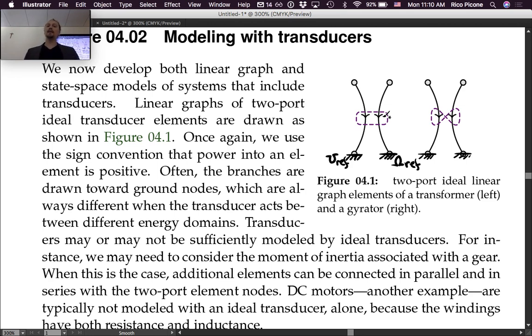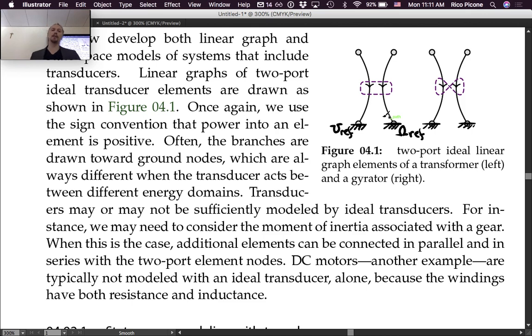When this is the case, additional elements can be connected in parallel and/or in series with the two-port element nodes. DC motors, another example, are typically not modeled with an ideal transducer alone because the windings have both resistance and inductance. So we'll add that to the motor model that we'll consider soon.